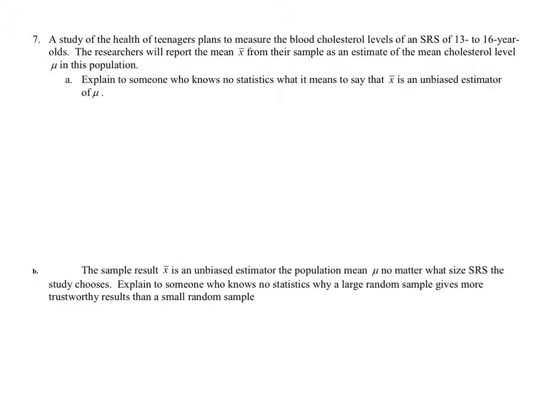All right, number 7, a study of the health of teenagers plans to measure the blood cholesterol levels of an SRS of 13 to 16-year-olds. The researchers will report the mean x bar from their sample as an estimate of the mean cholesterol level mu in this population. Explain to someone who knows no statistics what it means to say that x bar is an unbiased estimator of mu.